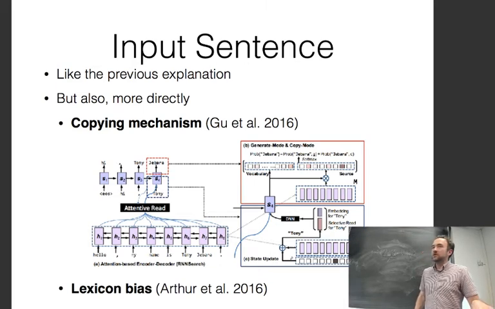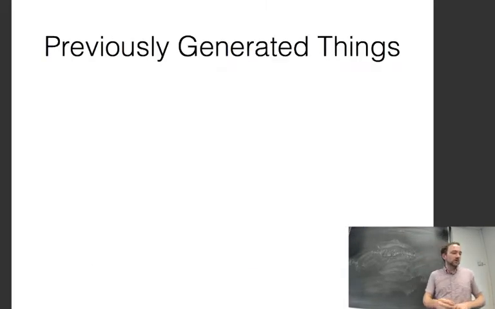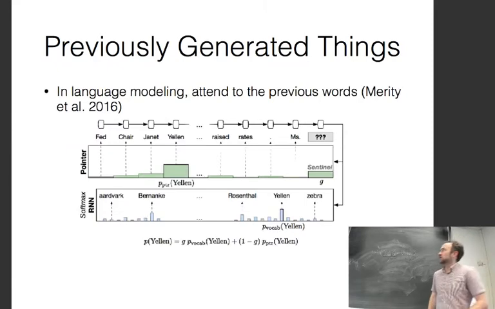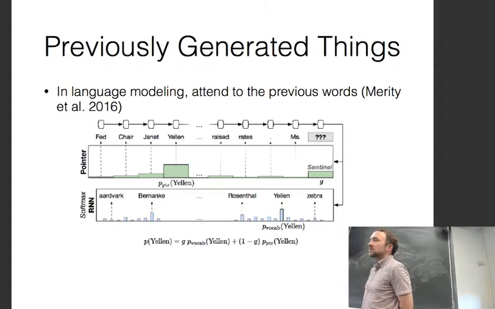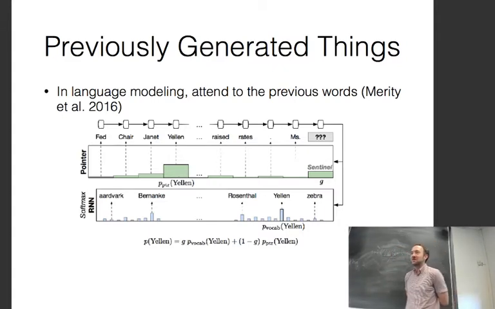So what other things can you attend to? Another one is previously generated things. What I mean by this is, let's say you're generating something from a language model. You can think that because I've already generated a word once, I'm very likely to generate it again. If you think about it intuitively, I've said attention about maybe 50 times today, right?